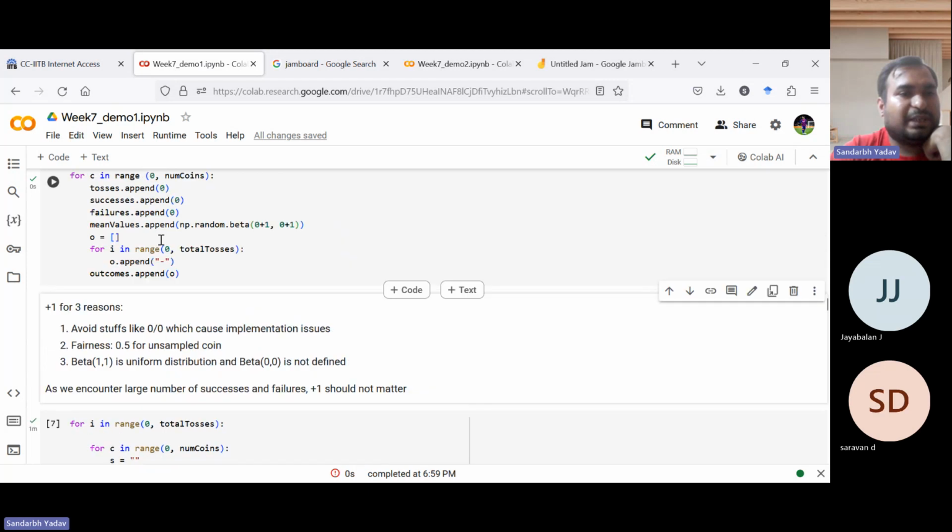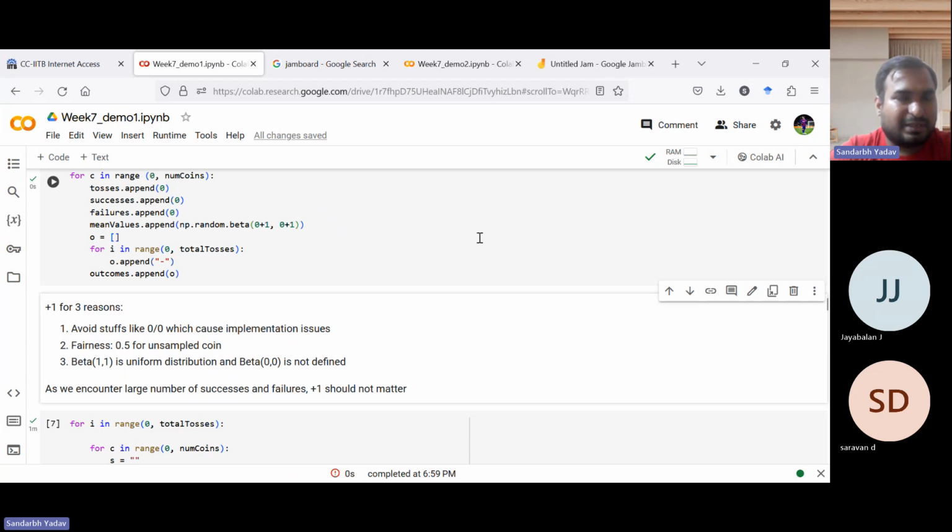Although initially we are having uniform kind of means for all three coins, if we don't sample a coin, we don't know its mean, right? So as you will see in the demo, it will become 0.5 as soon as possible. And this is reasonable, because successes plus one will be our alpha, and in the denominator it will be successes plus one and failures plus one.